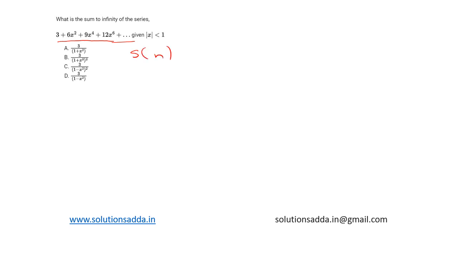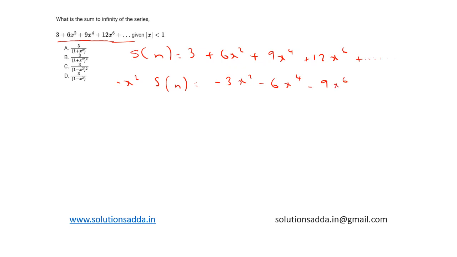The sum of the series is written as S equal to 3 plus 6x square plus 9x to the power 4 plus 12x to the power 6 plus etc. Multiplying by minus x square on both sides, we will have minus 3x square minus 6x power 4 minus 9x power 6 minus 12x power 8, etc.